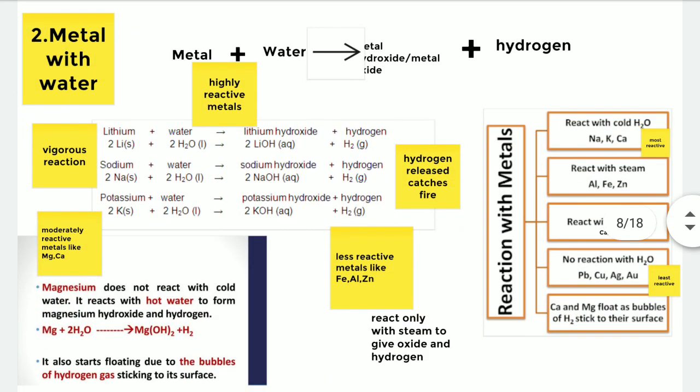The second reaction of metals that we are going to learn is metal with water. Metal reacting with water will give metal hydroxide, or metal oxide in some cases, plus hydrogen. Metal plus water will give metal hydroxide or metal oxide with the release of hydrogen gas.